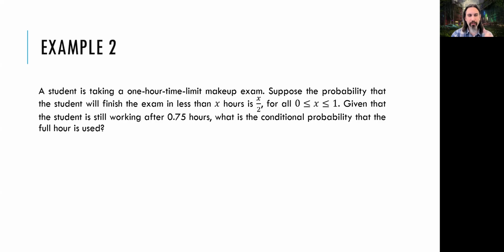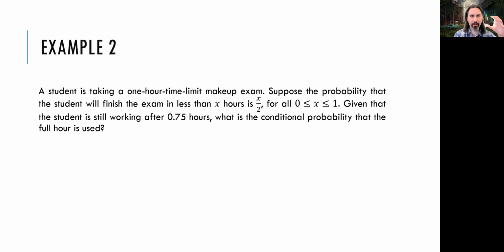We are given that the student is still working up to 0.75 hours, which is 3 over 4. So my probability of finishing before 0.75 hours was 3 over 8. So my probability of not finishing before it is 5 over 8, 1 minus 3 over 8. Just keep it somewhere safe.